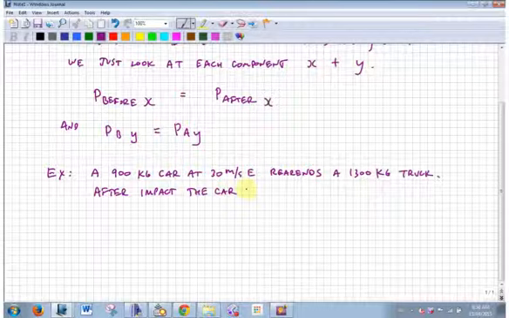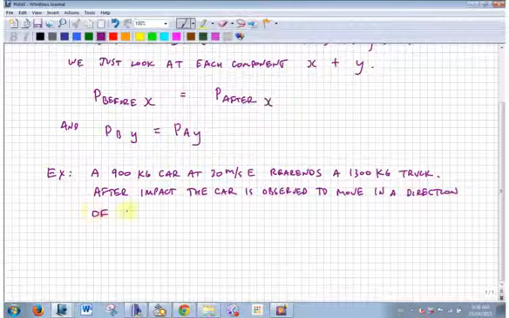After impact, the car is observed to move in a direction of 25 degrees north of east at 5 meters a second.